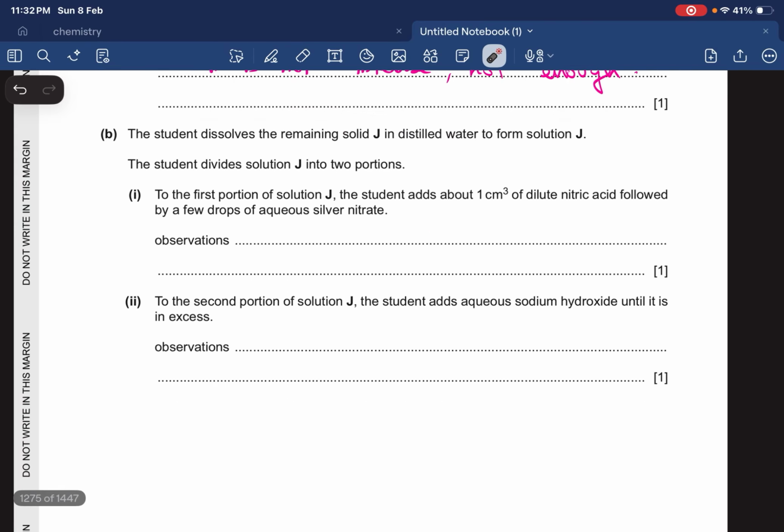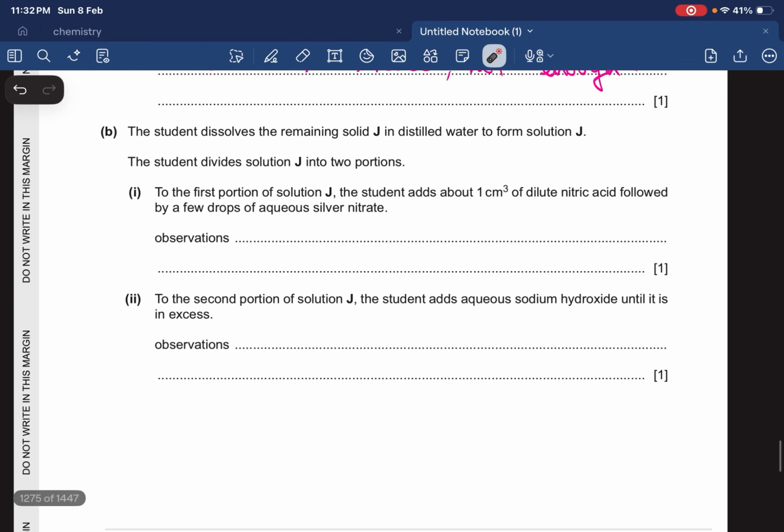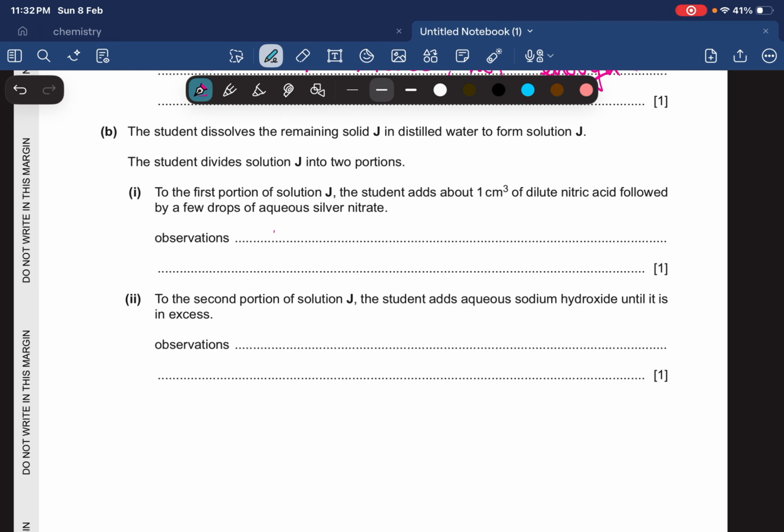Moving on. The student dissolves the remaining solid J in distilled water. Now you know it contains a chloride ion, so they might ask for the chloride ion test. To the first portion, the student adds 1 cm cube of dilute nitric acid followed by a few drops of aqueous silver nitrate. What do we get? We form a white precipitate, and then he adds ammonia if I'm not wrong.